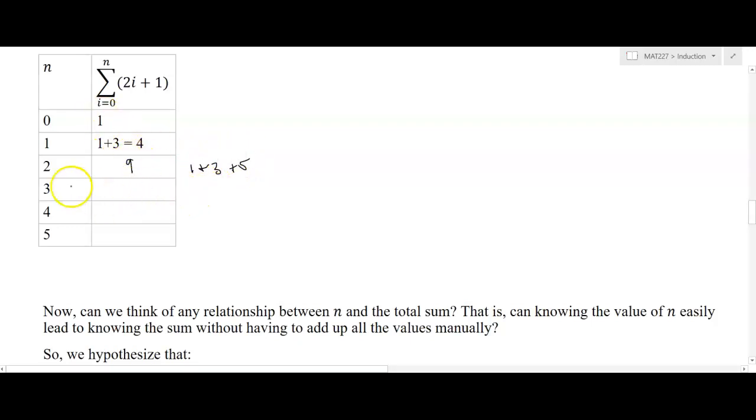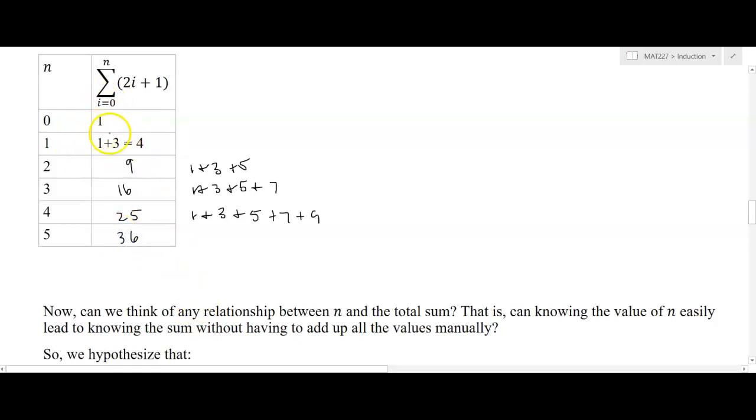And then here we're going to add 1 plus 3 plus 5 plus 7, which is 16. And then here we'll add 1 plus 3 plus 5 plus 7 plus 9, which will give us 25. And if we add now 11 to this, we'll get 36.